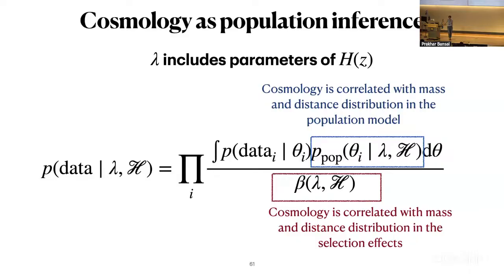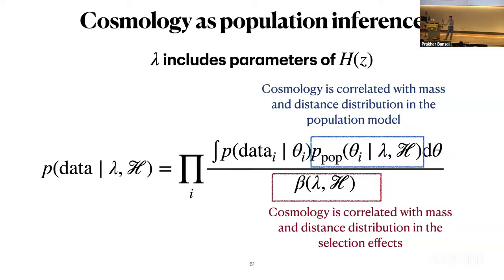So this lambda, this set of hyperparameters, includes things like the Hubble constant and omega matter and anything else that is setting your parametrization of H(z). And so we have to use this hierarchical Bayesian likelihood. The thing I wanted to point out is that both in our population model and in the selection effects, cosmology is correlated with the mass distribution of our binary black holes and the distance distribution of binary black holes and neutron stars.